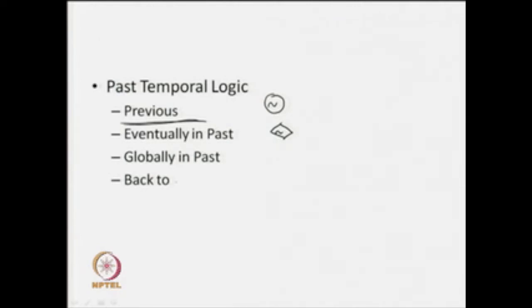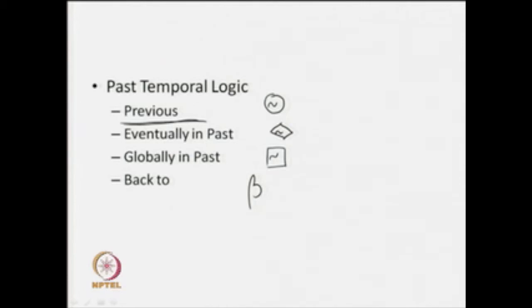Similarly, we have globally in past. Again it is the same symbol, the box is used for the globally operator. Inside this box we are going to put the tilde, and we say that this is the globally in past operator. And back to corresponds to the until operator. So, back to is represented by this particular symbol.